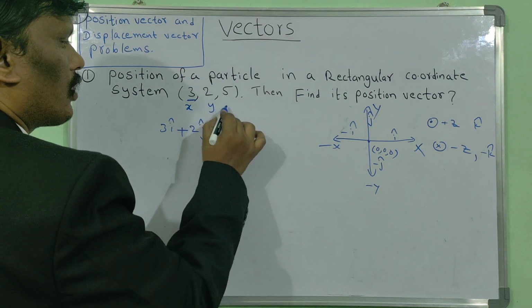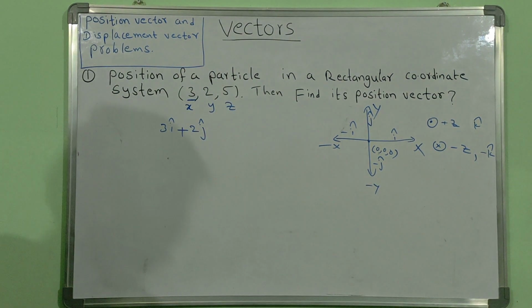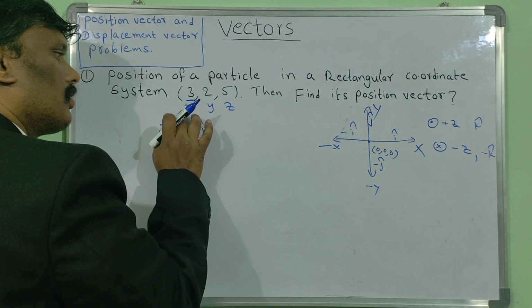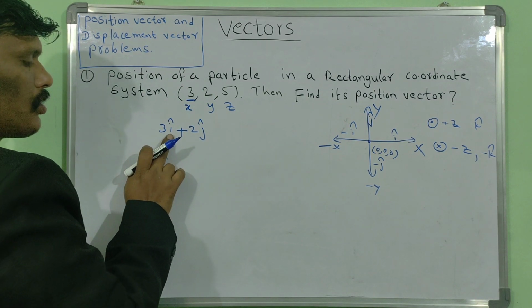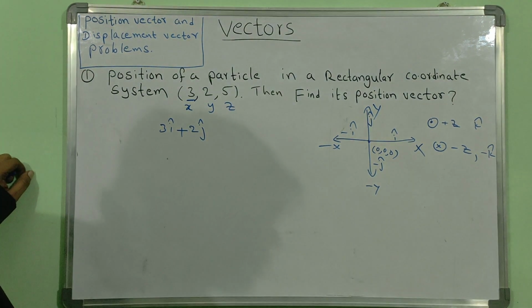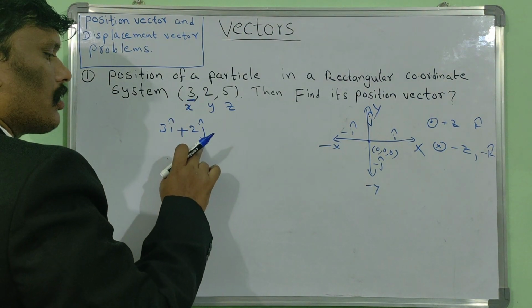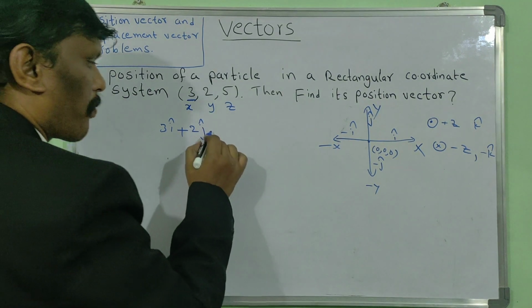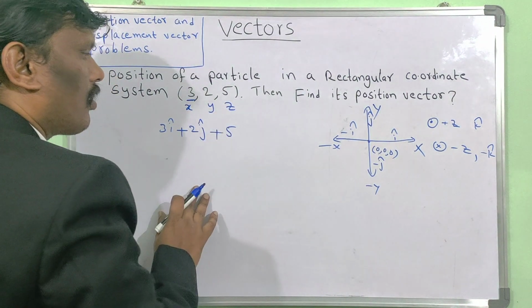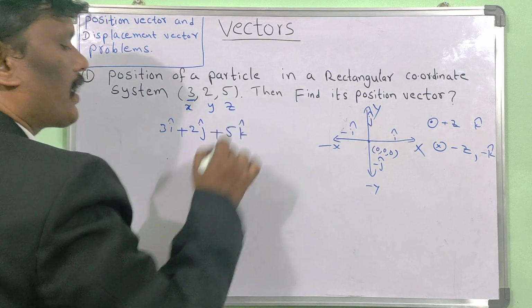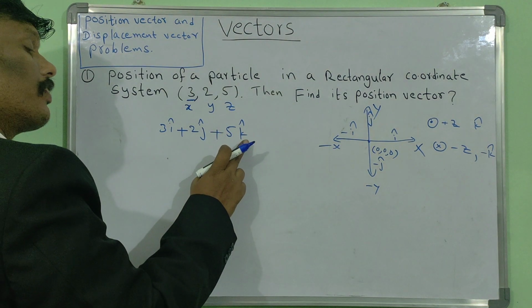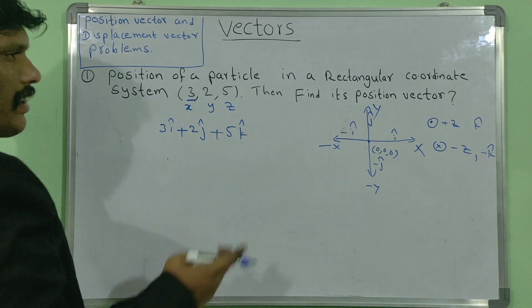This is the x, y, and z coordinate, all positive. So 3 units along the positive x-axis, i cap represents the positive x-axis. 2 units along the positive y-axis, j cap. Next, 5 units along the positive z direction, and the unit vector along the positive z-axis is k cap.